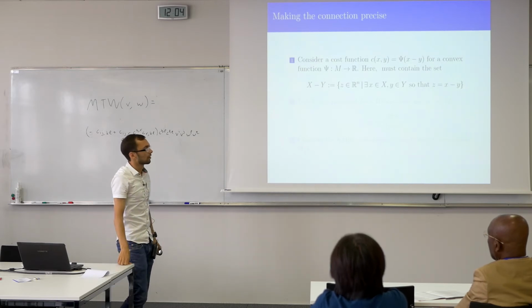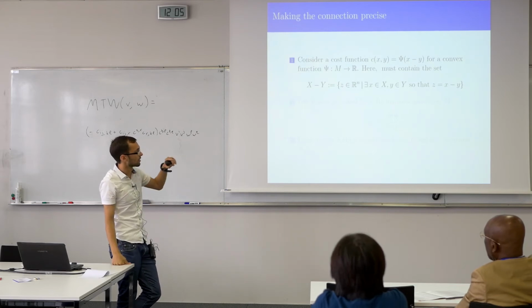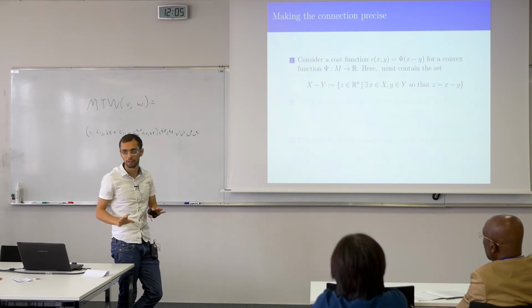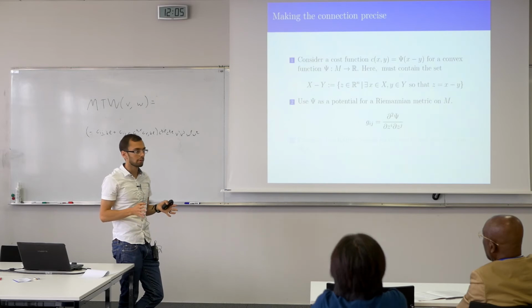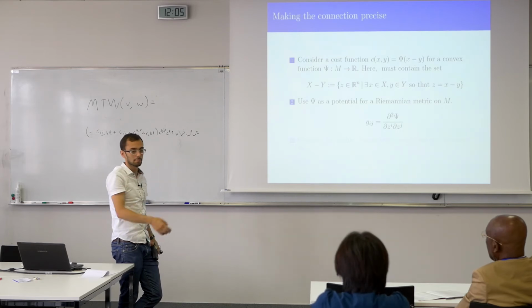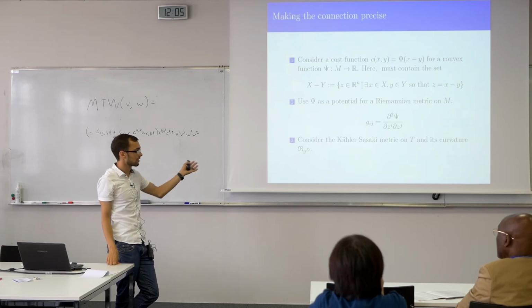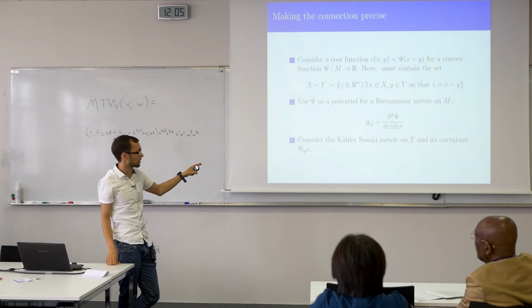Here, M must contain the set x minus y, defined like so, just so that everything is well defined. On M, we're then going to give it the Riemannian metric defined by C as a potential, the natural thing to do. And then we're going to consider the Taylor-Sasaki metric on TM and its curvature.